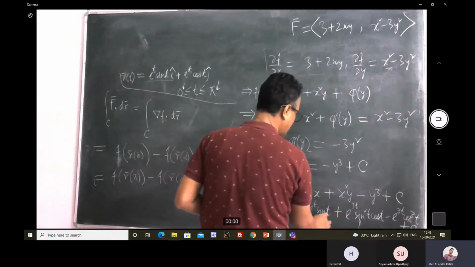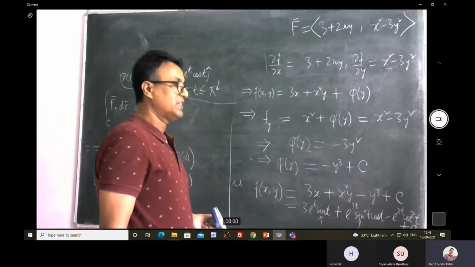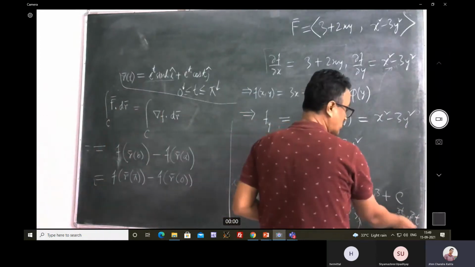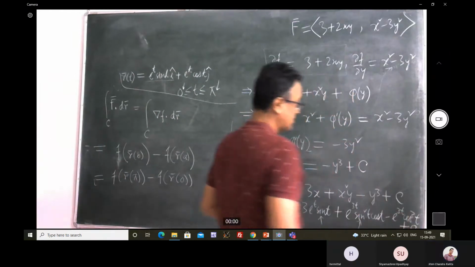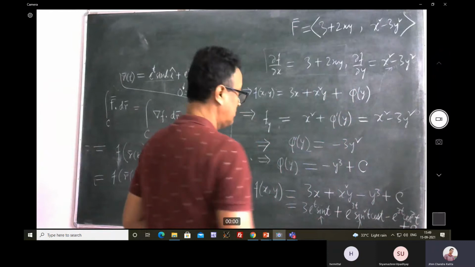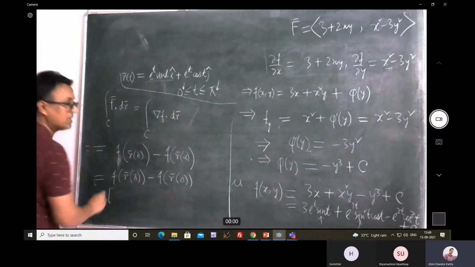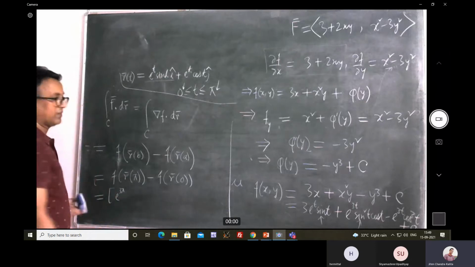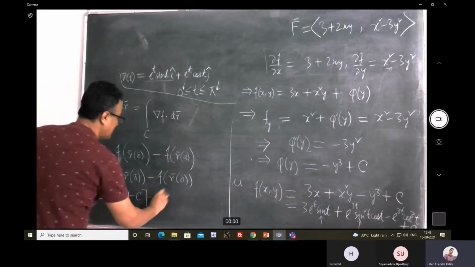The terms involving sine are going to vanish, isn't it? Right? And again, cos pi is -1, cos cube pi is what? -1, right? So this is going to give me e to the power 3 pi plus c, right?